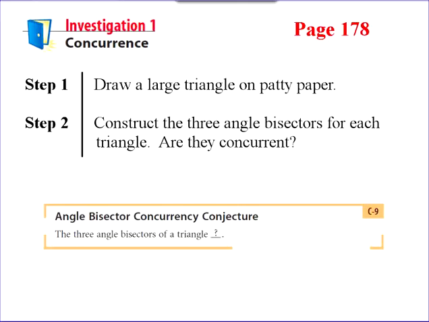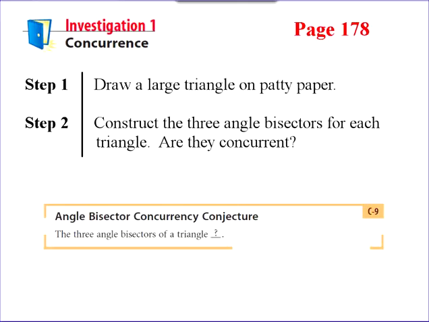Your second task, once you draw that large triangle, is you need to construct the three angle bisectors for the triangle. Now, before you do that, let's review how you can do an angle bisector.